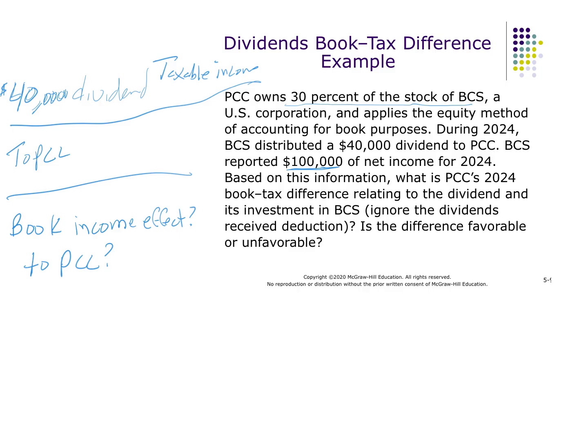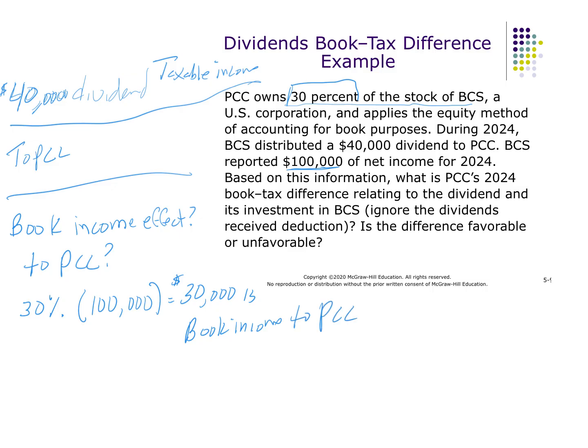We know that they own 30%, and we know that BCS earned $100,000. So the equity method says $30,000 is book income to PCC.